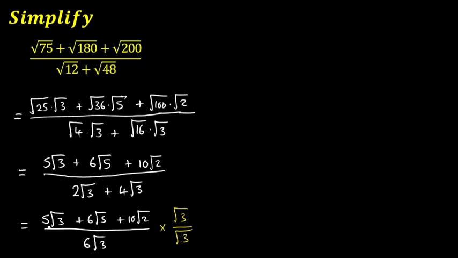So 5 root 3 times root 3 gives us 5 times 3. 6 root 5 times root 3 will give us 6 root 15. 10 root 2 times root 3 will give us 10 root 6.